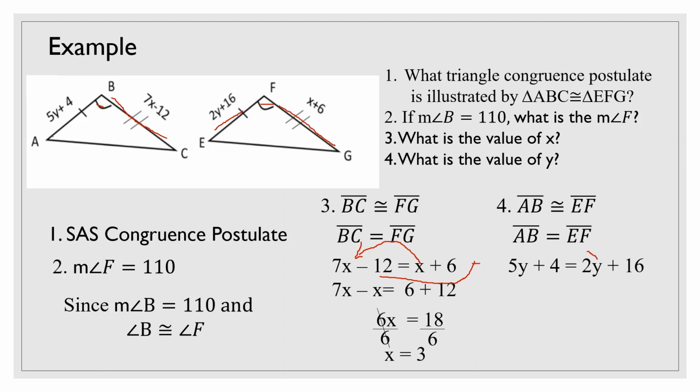So, isasama natin yung 2y sa 5y at yung 4 sa 16. So, we will come up with the equation 5y minus 2y equals 16 minus 4. Simplifying it, we come up with 3y equals 12. Then, divide both sides of the equation by 3. So, we have now y is equal to 4.